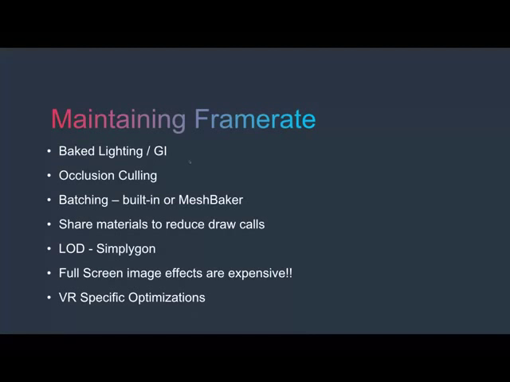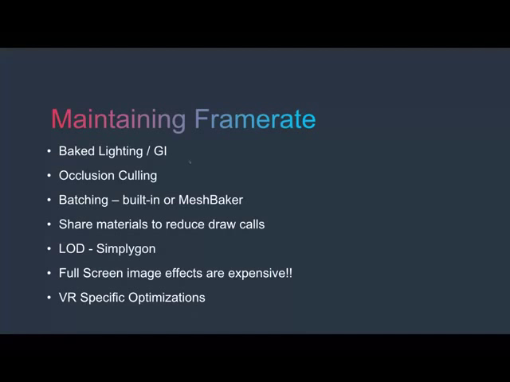Occlusion culling is something that we've had in the product for a long time, and you would definitely want to do that to help with overdraw. Batching, there's built-in batching, so you can mark objects as static, or otherwise they might be able to go to the dynamic batcher depending on how many polygons are in the object.